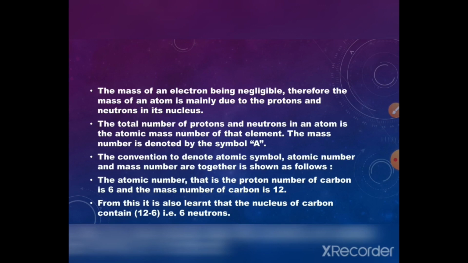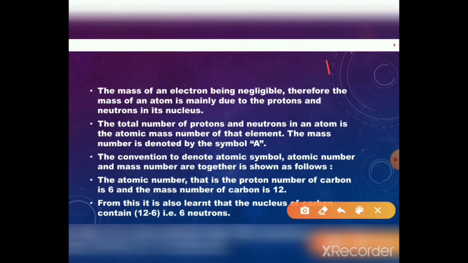The atomic number, that is the proton number, of carbon is 6 and the mass number of carbon is 12. From this it is also learned that the nucleus of carbon contains 12 - 6, that is 6 neutrons. So you can write it like this: 12C6.